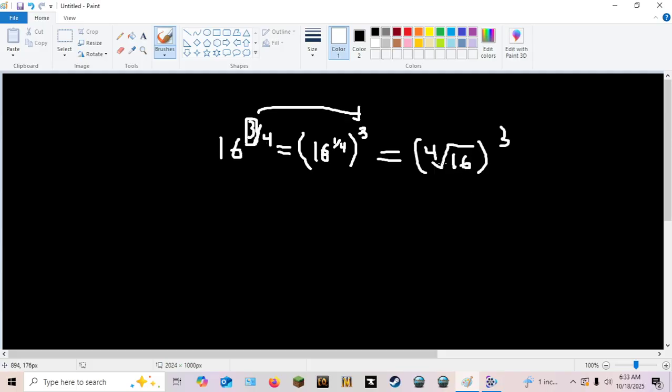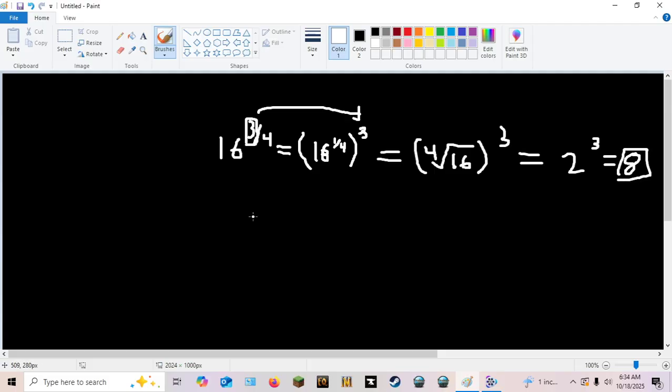So the 4th root of 16 equals 2, because 2 raised to the 4th power equals 16, or 2 times 2 times 2 times 2 equals 16. By the way, when it becomes one number, the parentheses disappear. You don't have to write the parentheses. Giving us 2 cubed, which equals 8.